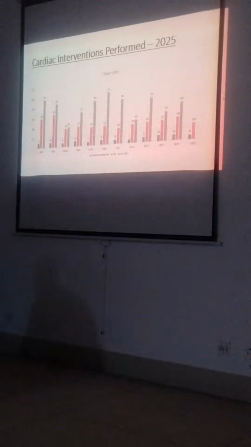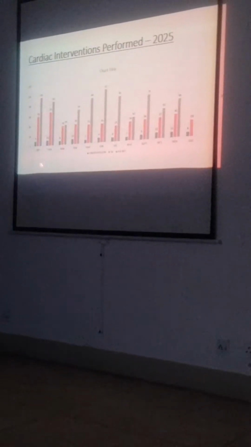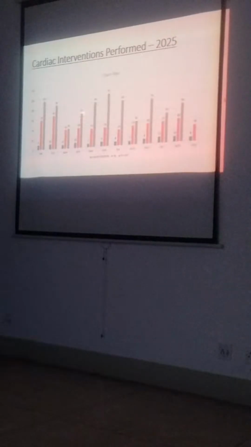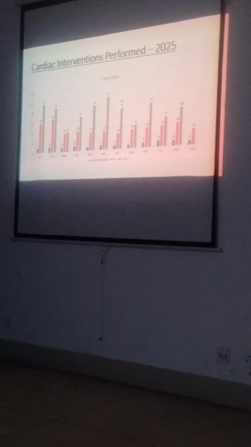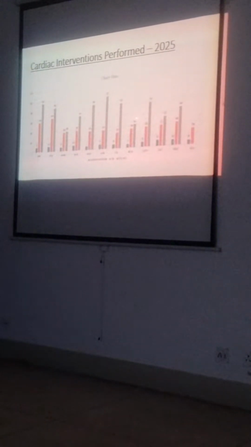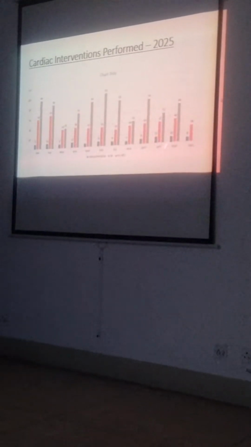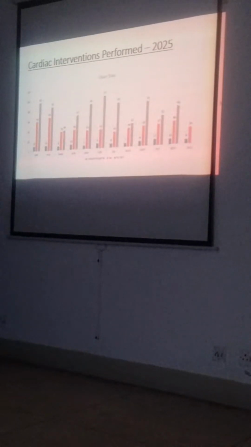Similarly, referral for PCI was done in about 95 patients in January, 85 in February, 38 in March, 65 in April, then again a peak in May and June ranging about 84 to 97, July 82, August 42, September 79, October 52, November 66, and in December 28.